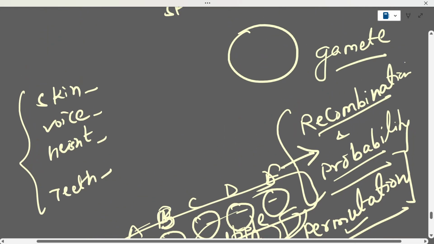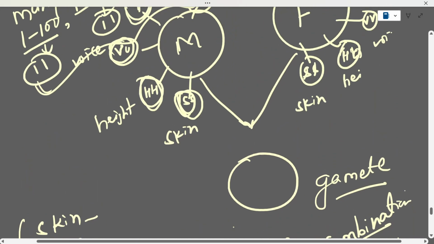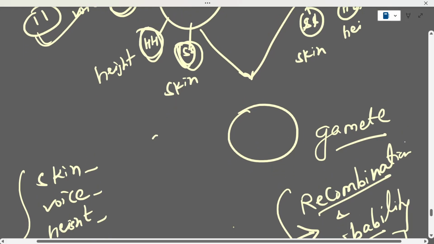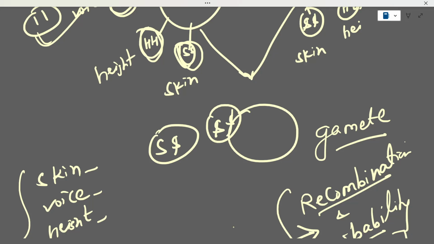So this one here, skin, let's make it simple. So options here are, in case of the mother, one dominant and one recessive. In case of the father, both are recessive.